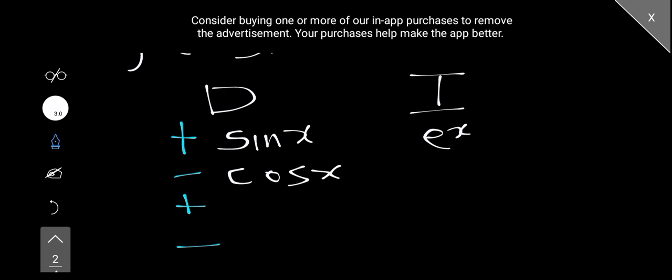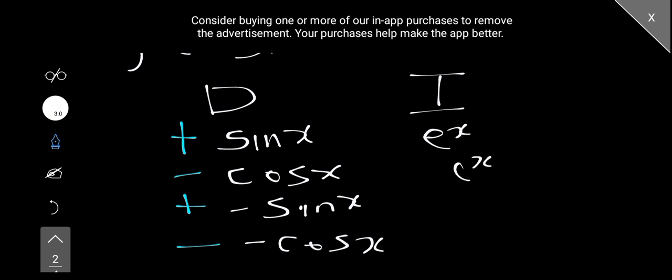When we differentiate cos, we get negative sine x. When we differentiate negative sine, we get negative cos x. Then when we keep integrating, we still have e power x all the way.